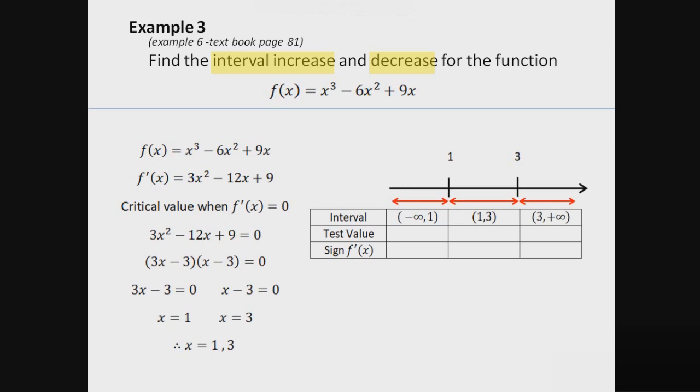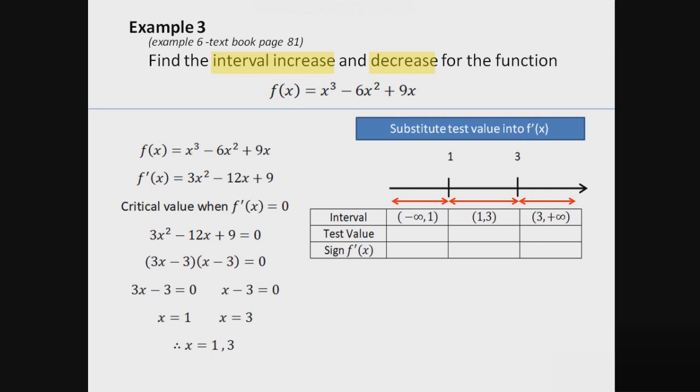Now, step number 3, we have to check the sign of f prime x in each open interval and then identify whether the function is increasing or decreasing. So, first we need to choose any value within the given interval, so that we can substitute the test value inside f prime x in order to get the sign of f prime x.